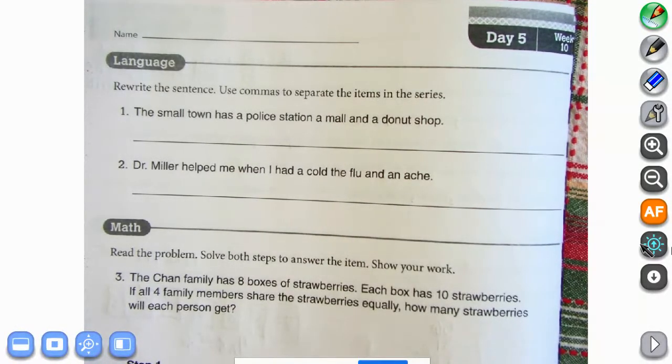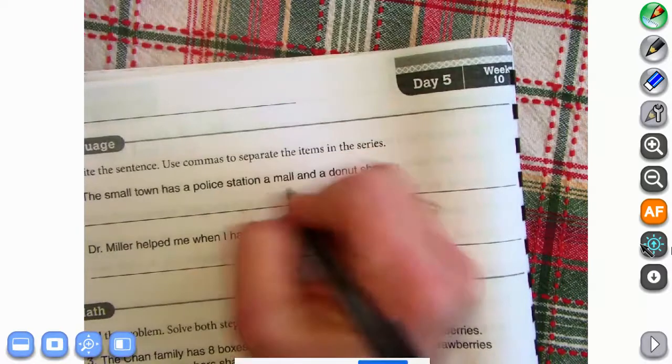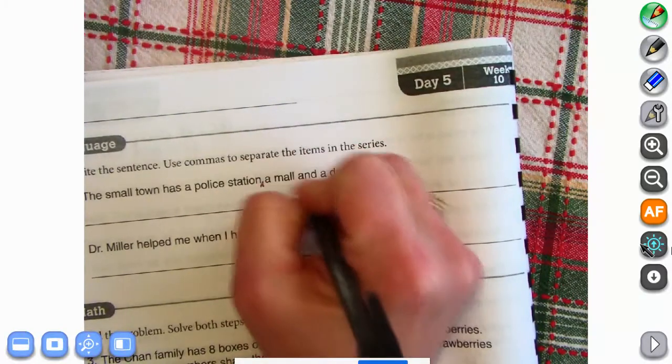So it says, rewrite the sentence, use commas to separate the items in the series. Number 1, the small town has a police station, a mall, and a donut shop. So I know that I want to put a comma here and a comma here.